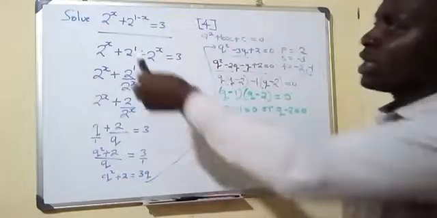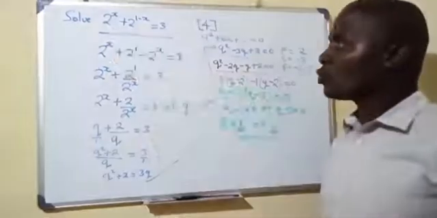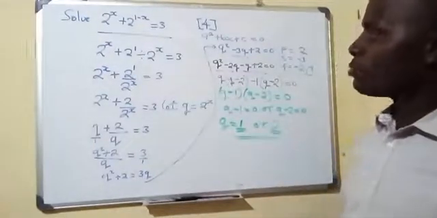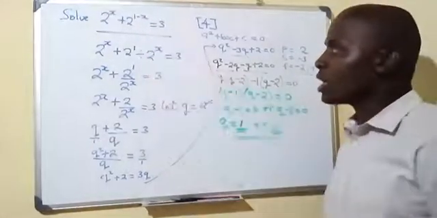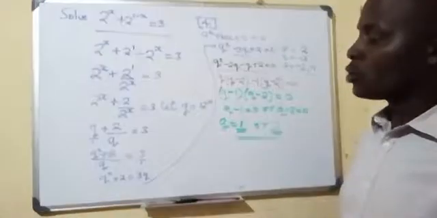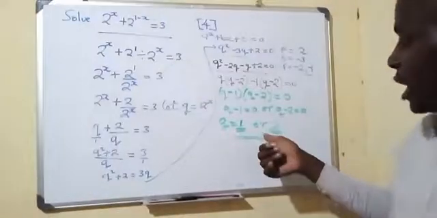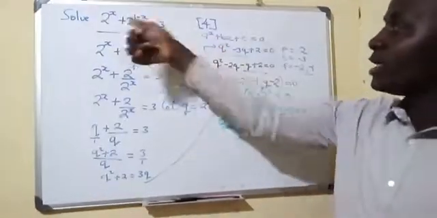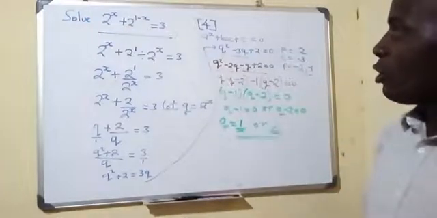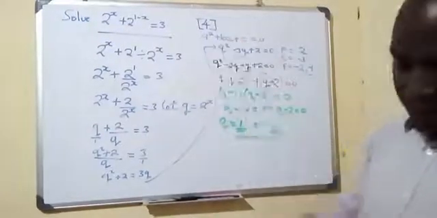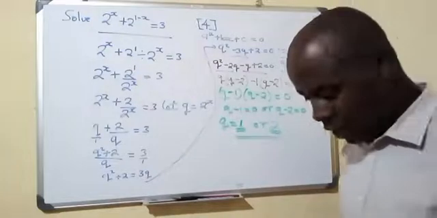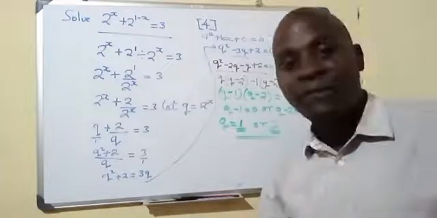Now the question was saying solve 2 to the power x plus 2 to the power 1 minus x is equal to 3. So this tells me I have now to find the values of x. So now, how can we find the values of x?